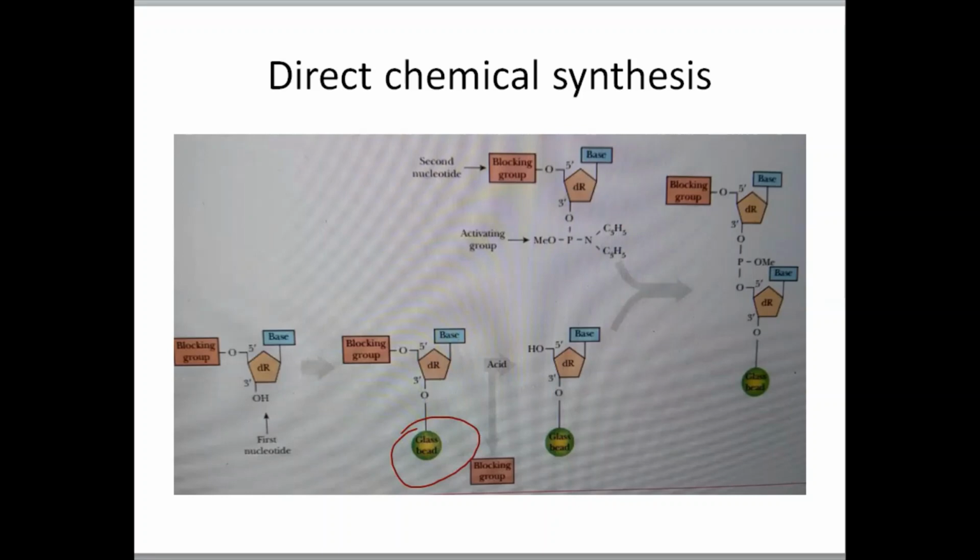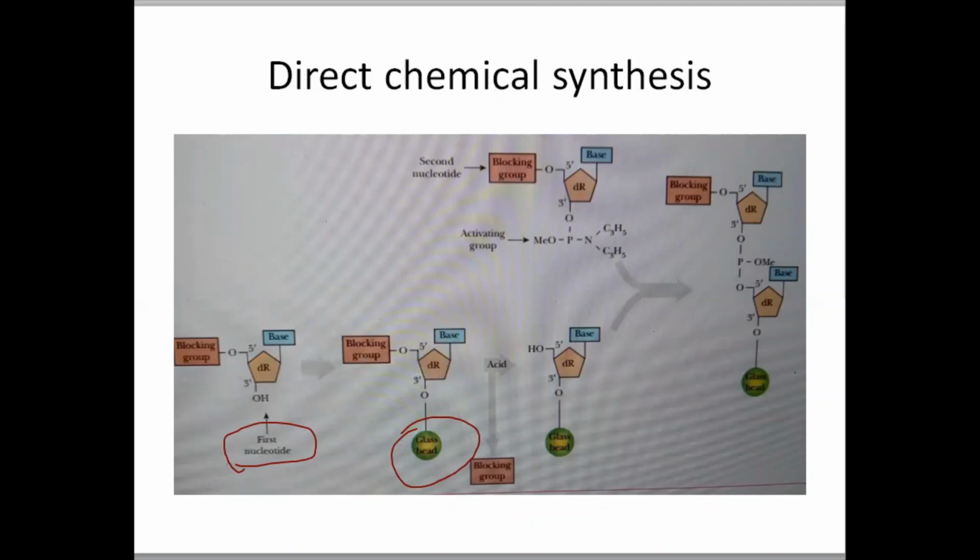Now, the nucleotide is not attached directly, but is linked to the bead using a spacer molecule. This spacer molecule bonds to the 3' OH of the nucleotide. As you can see here, this is the first nucleotide, attached to the glass bead using a spacer molecule.